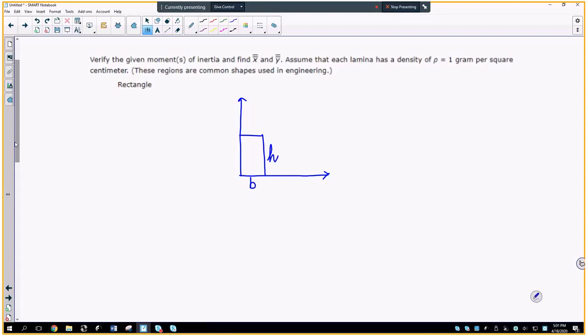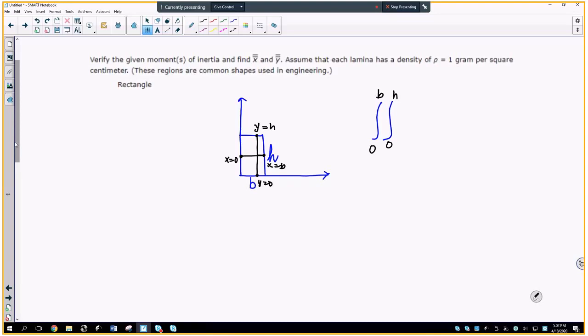So I set up my integration. As you can recall, it is going to be a double integration, where we are integrating with respect to y first. So the limits of y start at y equal to 0 and go all the way to y equal to h, so 0 to h, and the limits of x go from x equal to 0 all the way to x equal to b, so 0 to b.